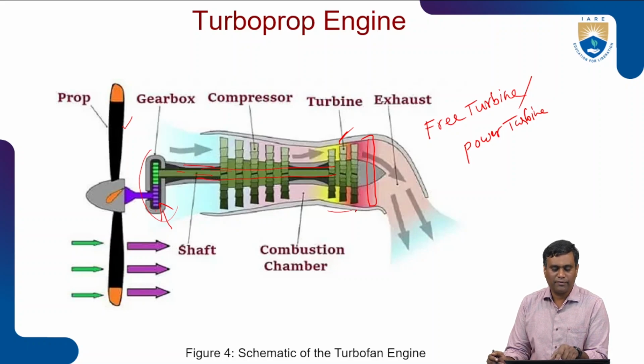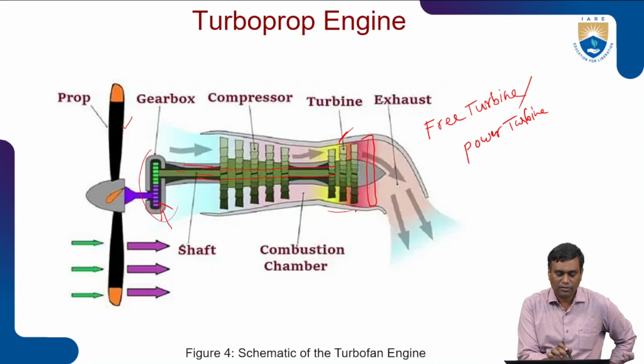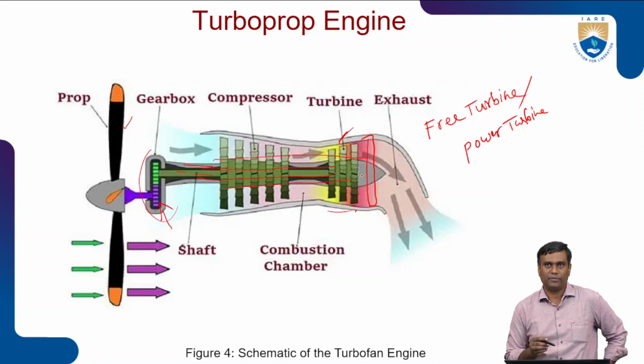But anyway, this first stage of our primary turbine is not at all connected to the free turbine or power turbine. That is the reason it is called a free turbine. And whatever remaining energy is extracted from the exhaust after the first stage of turbines will be used, or directly connected to the propellers through the reduction gearbox again. Okay. So in this possibility, two concentric shafts will be there.